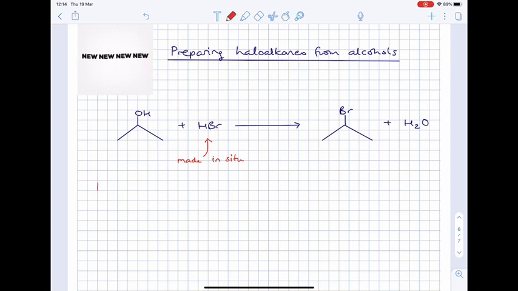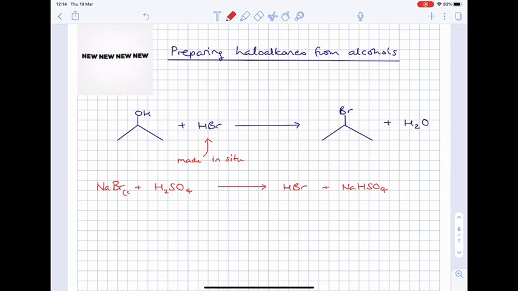We use sodium bromide in this case to make the HBr, and if we wanted HCl, we use sodium chloride, and so on. We use concentrated sulfuric acid with the sodium bromide to make the HBr in situ, and we get a byproduct. Just by balancing the equation, what's left over is a hydrogen sulfate, and this is sodium hydrogen sulfate.